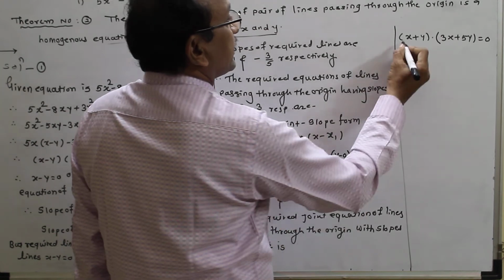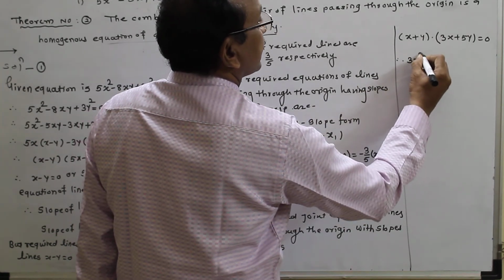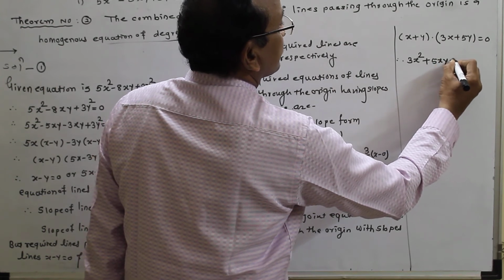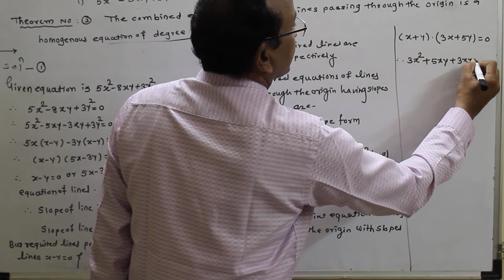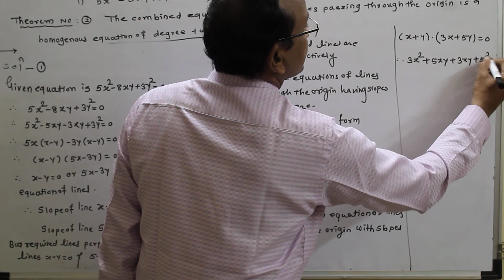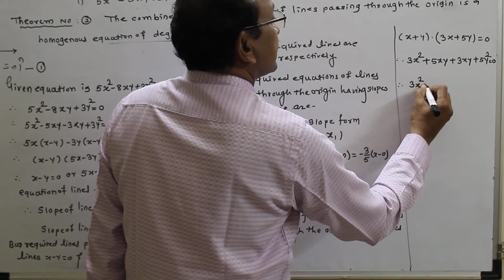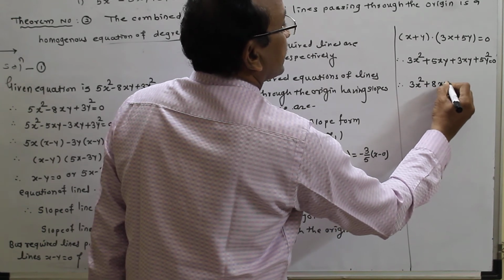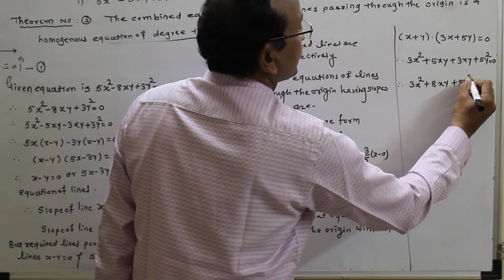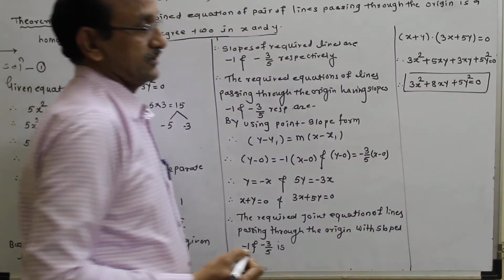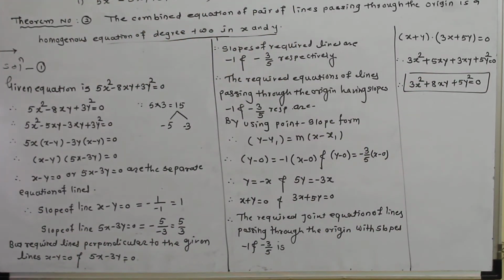Now open the bracket. So it is 3x square plus 5xy plus 3xy plus 5y square is equal to 0, that is 3x square plus 8xy plus 5y square is equal to 0, the required joint equation of the two lines.